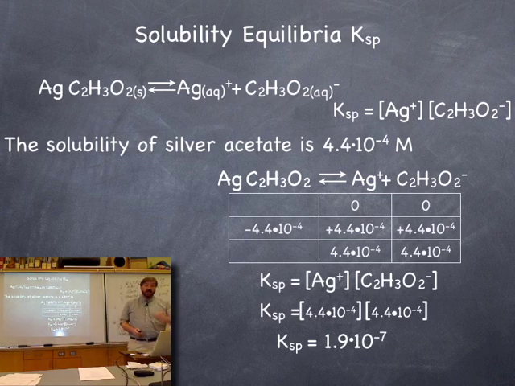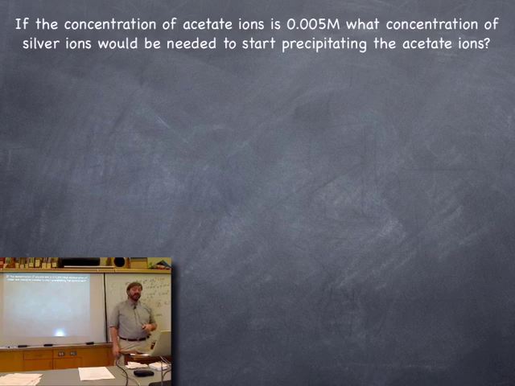Okay? So, a typical type of problem is to now take that same idea and reverse it. If I have the KSP value, can I find how much would dissolve? I want to reverse this process and say, okay, now I've got an initial concentration.